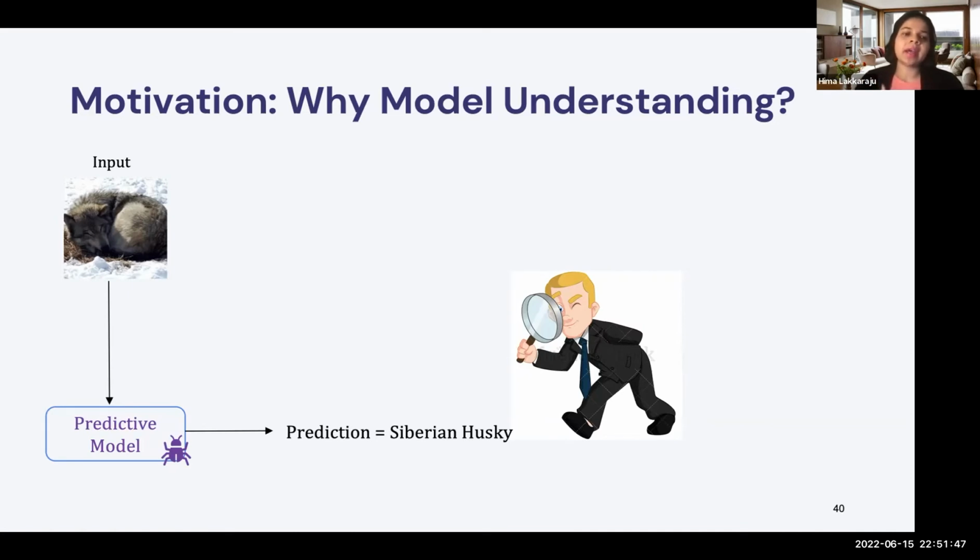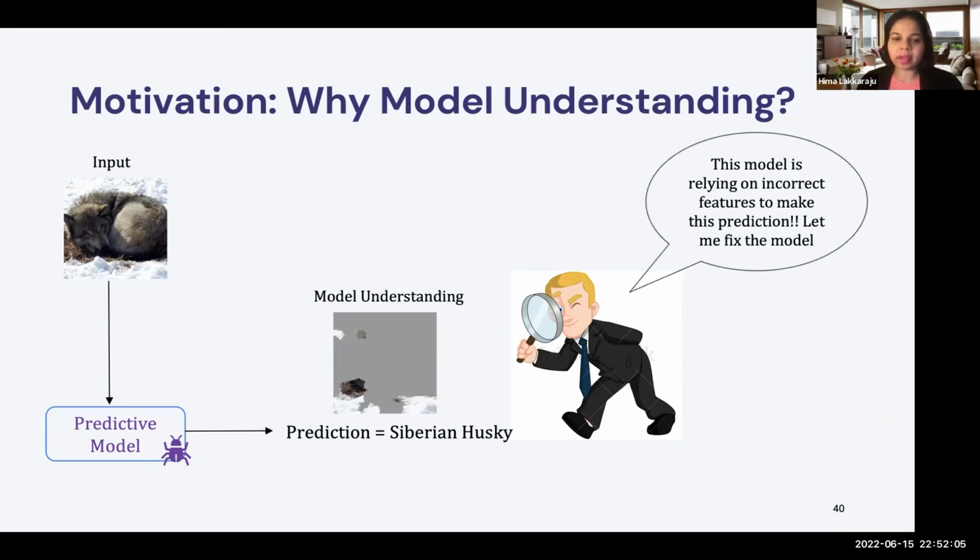In this case, if we provide the input image of a Siberian husky, you see that the prediction that's coming out of this model is Siberian husky, right? So far, everything looks good. Okay. But upon careful examination of how this model is generating this prediction, for example, seeing what are the pieces of the image that the model is focusing on, we might observe a lot more about what the model is doing, or infer a lot more about what the model is doing.